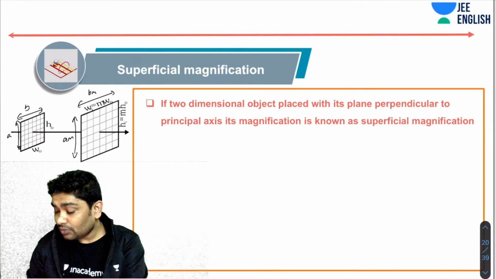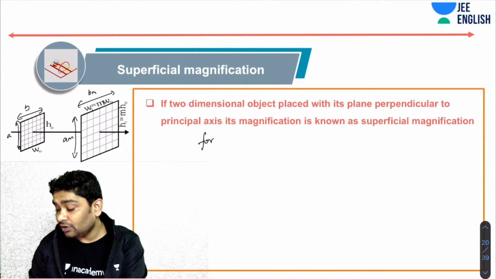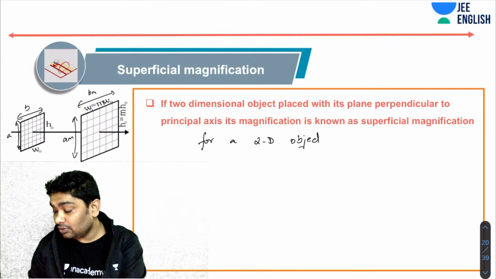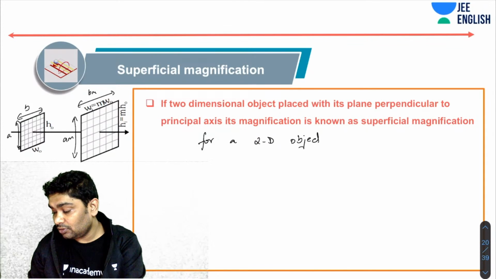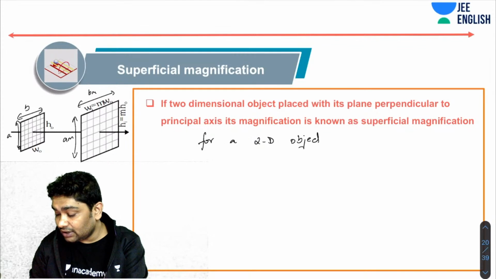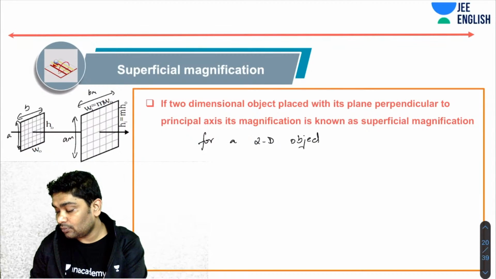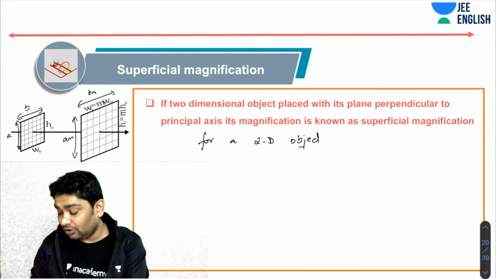Okay, so I can say for a 2D object, as shown, both sides get literally magnified by a factor of m.